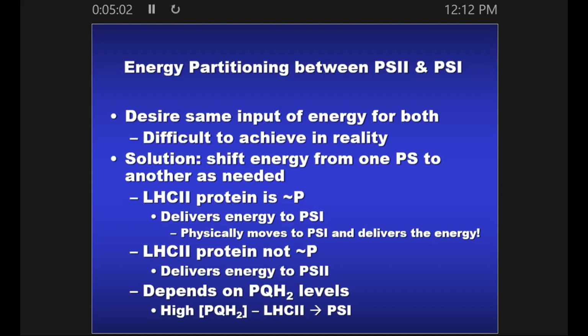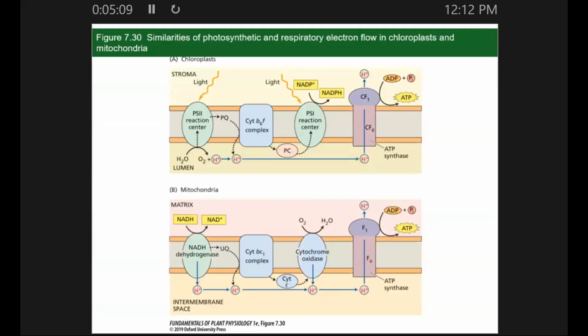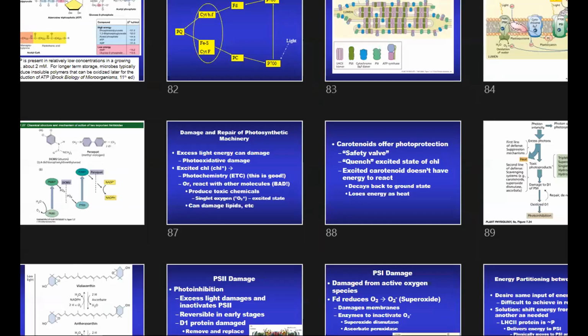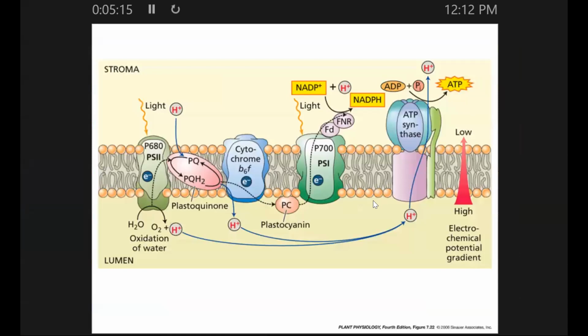So what's happening here is let's go to a visual. If you have high PQH2, whoops, not that visual. Where is it? This visual. If you have high PQH2, that means right here, this is building up, it's building up, it's building up.